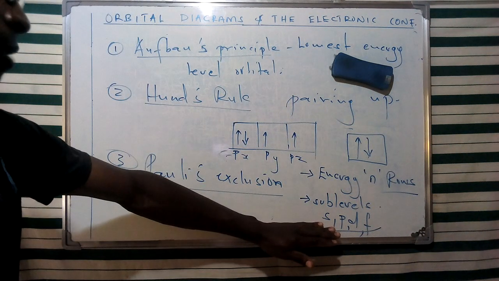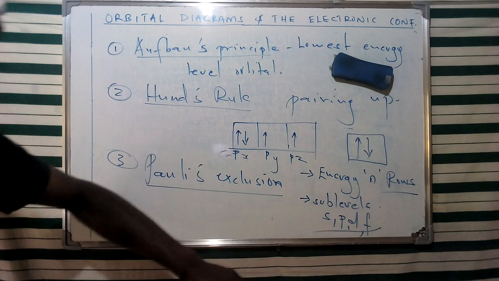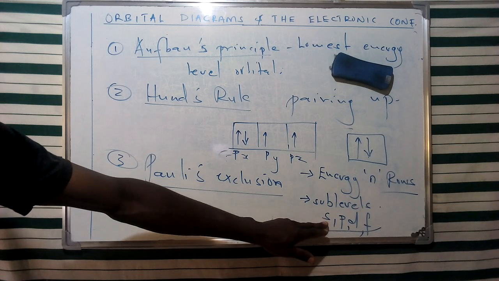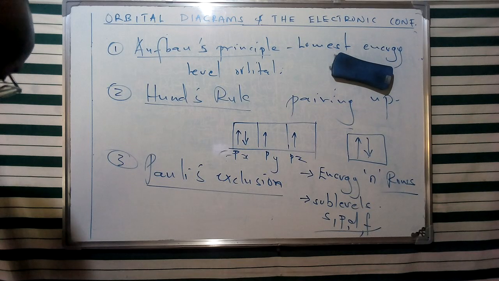And this, of course, is from the first discussion, which gave the rough sketch or block layout of the periodic table, with the S, P, D, and F block elements and their specific names.